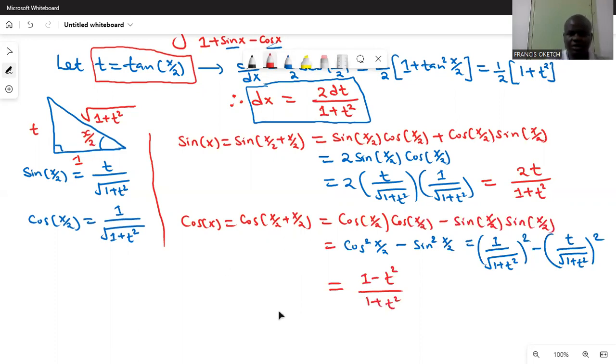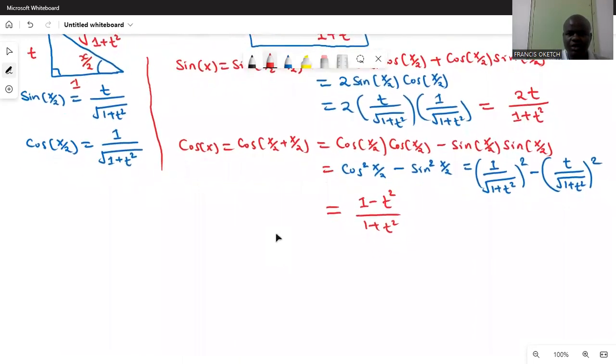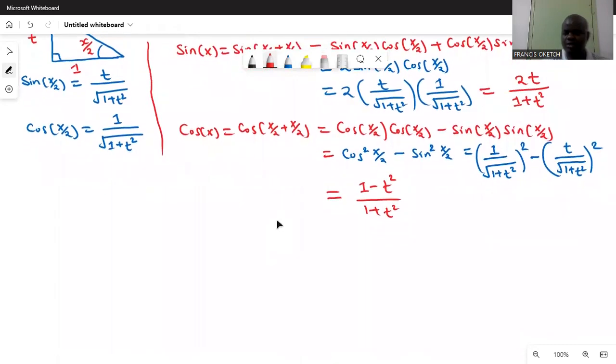So going back to the integrand, we need 1 plus sine x minus cos x. So we'll write this.